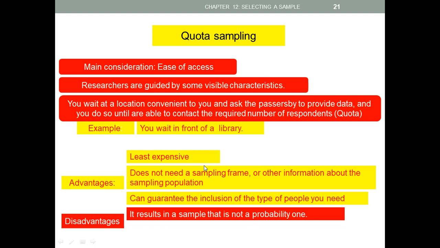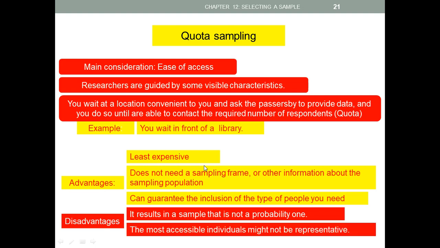So it's hard for a researcher to generalize the research results that come from non-random sampling, such as quota sampling. It's hard to generalize the results.